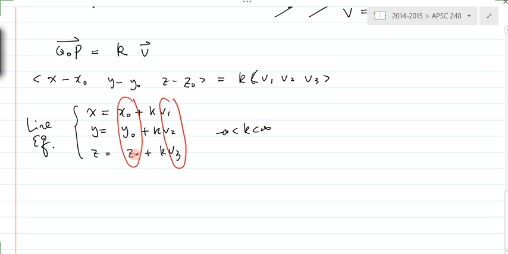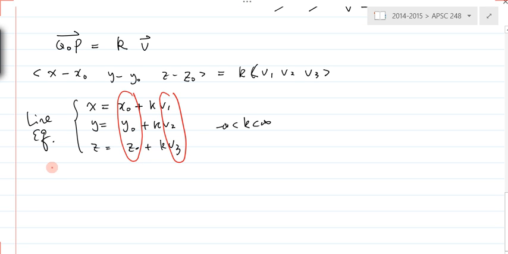Where is that from? Q naught. And where is this from? V. Remember the summary from the plane, where I said if you need to construct a plane, what information do you need? You need a point on the plane and a vector normal to the plane, right? Same information now, very similar for the line, just like two sides of a coin.